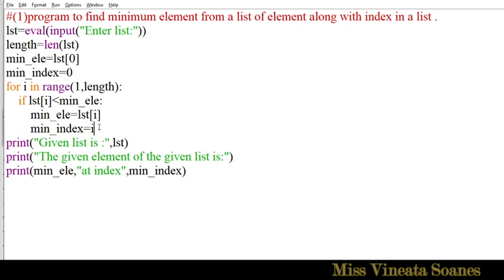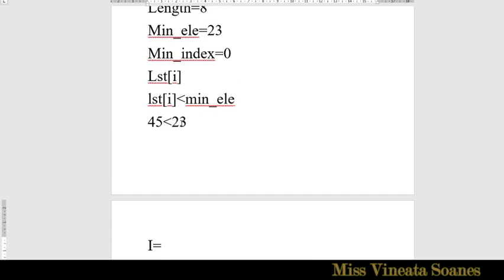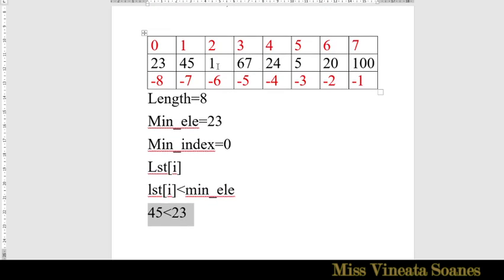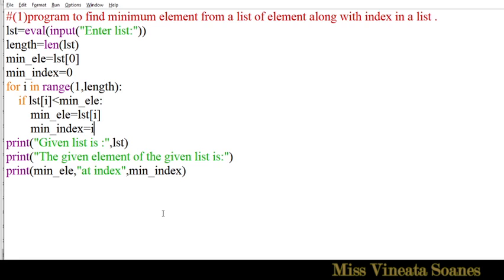So first, this condition is false. Then I will move to the next one. Now when this I becomes 1, is 1 less than 23? Yes, it is less. And when it is less, you are changing the value of min_el, which you have given 23 before.